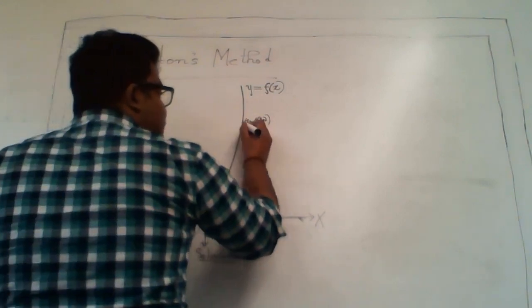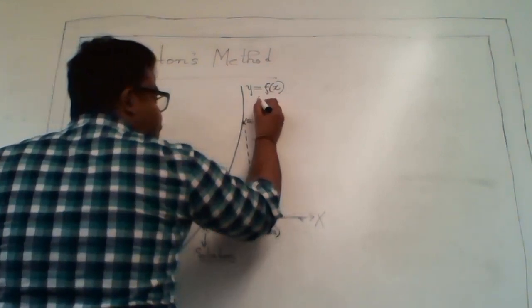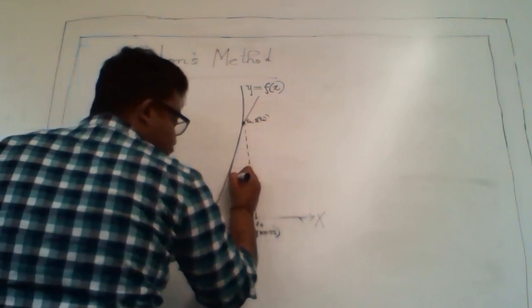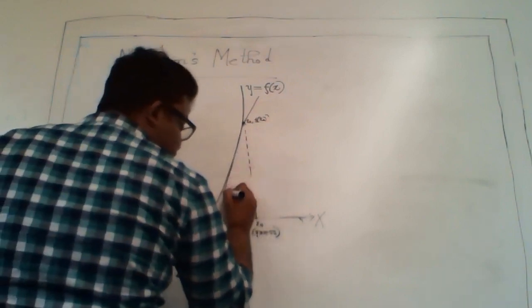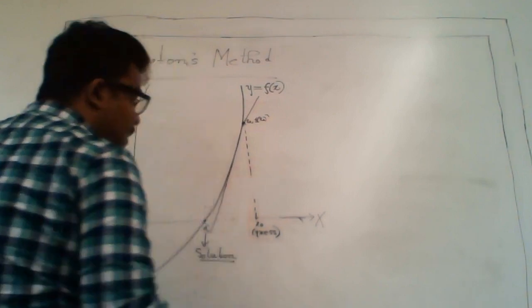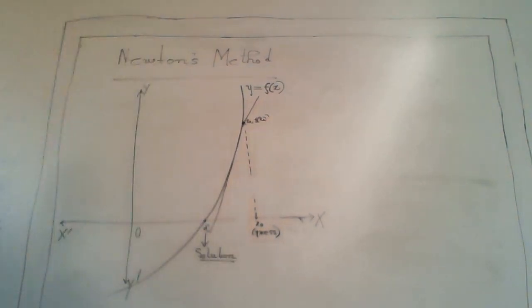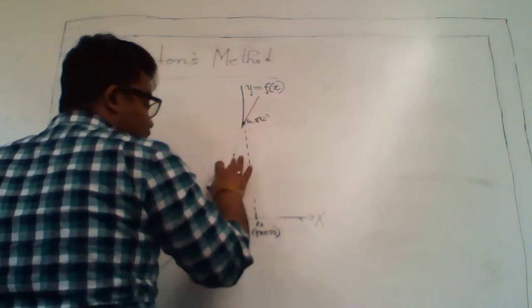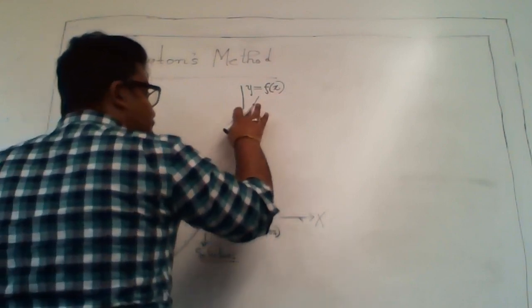Now, I draw a tangent line at the point (x0, f(x0)). The tangent line must cut the x-axis at some point, right? So how will a tangent line look like? Draw it.